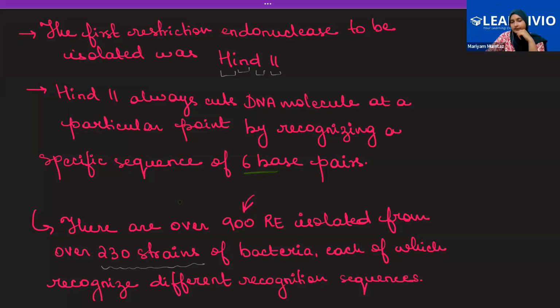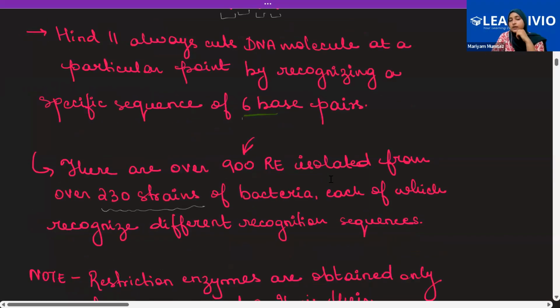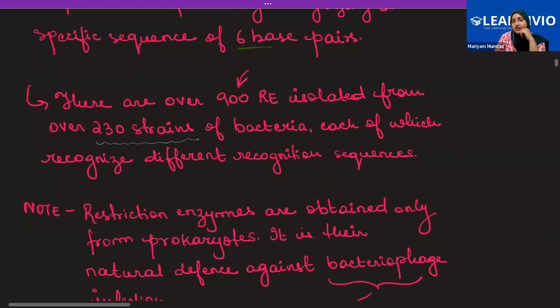Now there are over 900 restriction enzymes that were isolated, and you should know where these enzymes are coming from. They are produced naturally inside the bacteria. We extract them out in order to use them.